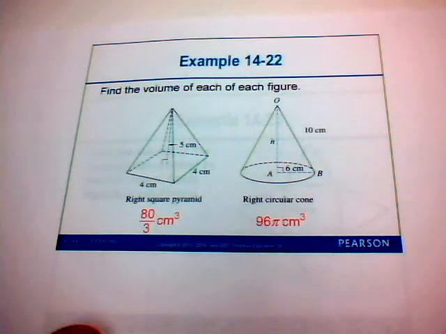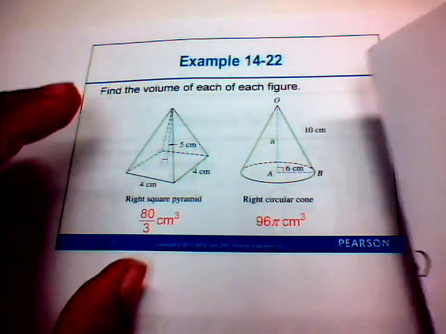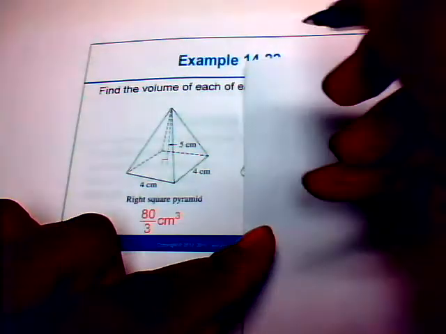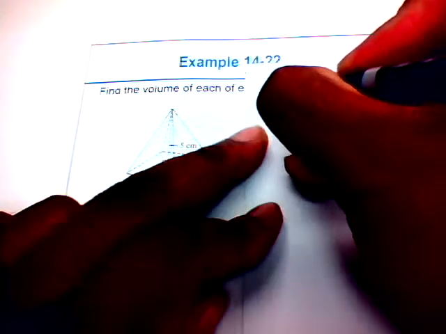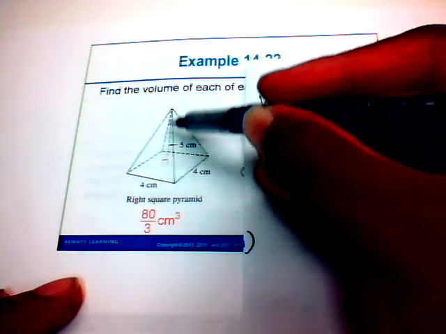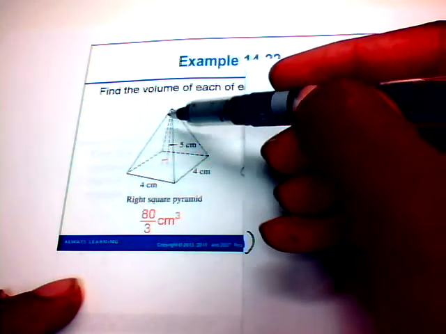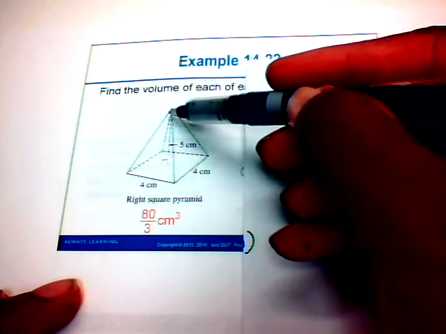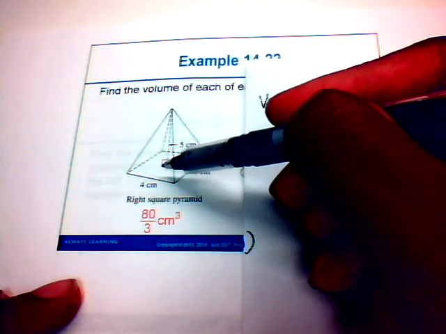And we'll use those formulas to find the volume of each one of these. So in this case here, the one on the left is a right square pyramid, and we want to find out what that volume is going to be. Okay, so here, the volume of that pyramid is the base times the height. We got the height of 5 centimeters. That's your height, because the vertical height is from the tip of the pyramid and is perpendicular to the base.